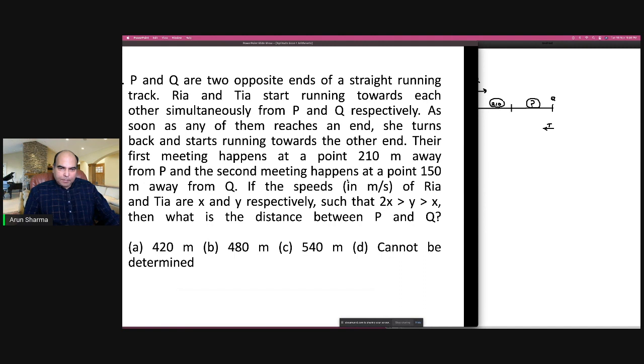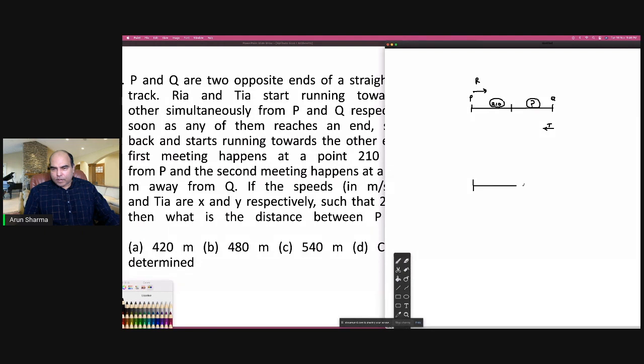And then they say the second meeting happens at a point 150 meters away from Q. So the second meeting happens 150 meters from Q. If this is P and this is Q, the second meeting is happening 150 meters away from Q. Right?